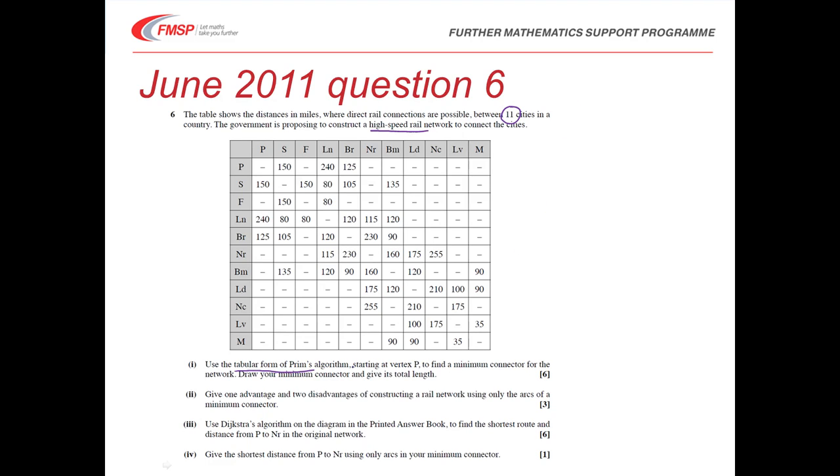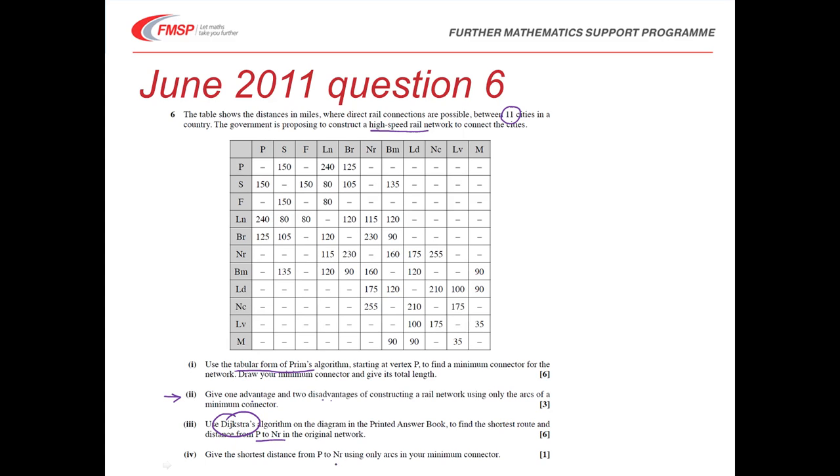So we're going to use Prim's to find the minimum connector and its length, and then reflect on the solution and give an advantage and 2 disadvantages. Then, in part 3, we're going to use Dijkstra's algorithm, and thankfully they give us a printed version to work on, and that's to find the shortest route from P to NR.